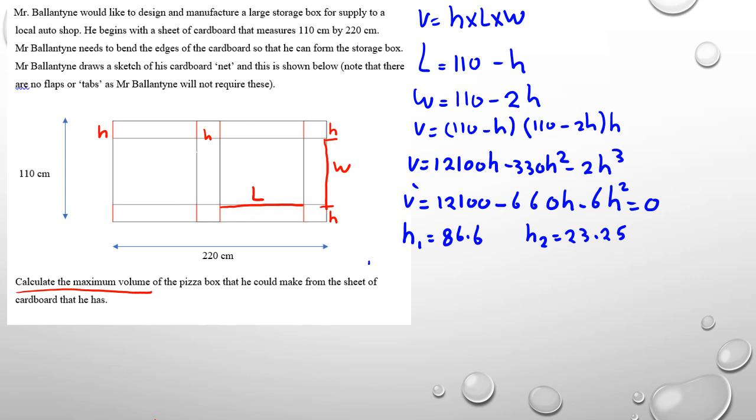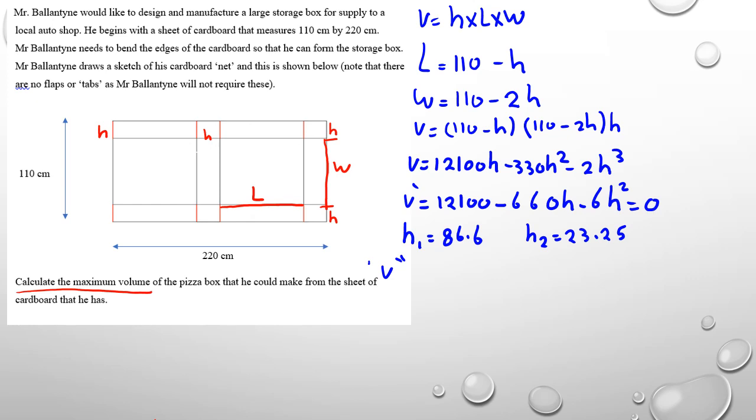Now because I've got 2 values of h, I have to continue and work out which one is my maximum value. I will use the double differentiate formula.